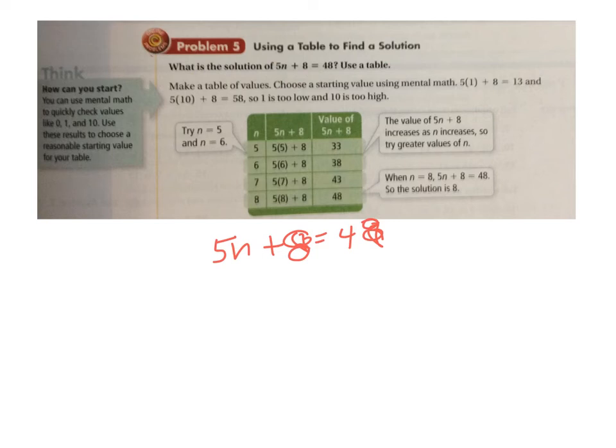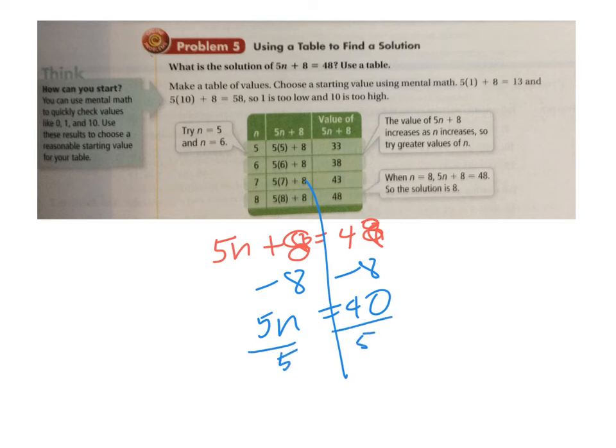We know that we've got some order of operations going, so we can't divide off that 5 first. We have to go in reverse order, so we're going to subtract the 8. So 5n equals 40. Now we can divide off that 5, and n then is 8. 40 divided by 5 is 8.